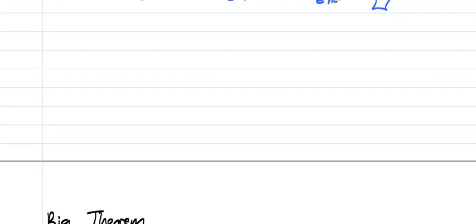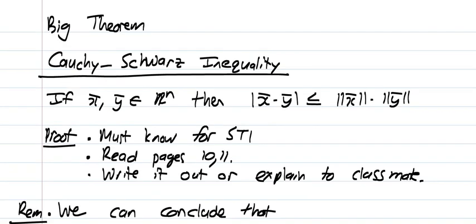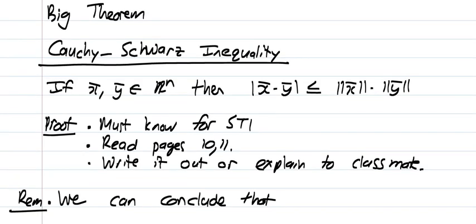Now for a big theorem. It is named after 2 mathematicians. It's called the Cauchy-Schwarz Inequality. So please Google who was Cauchy and who was Schwarz. Now the theorem says the following: if x and y are any n-dimensional vectors, then the absolute value of x dot y. So the way you should interpret the left-hand side is the absolute value of x dot y.